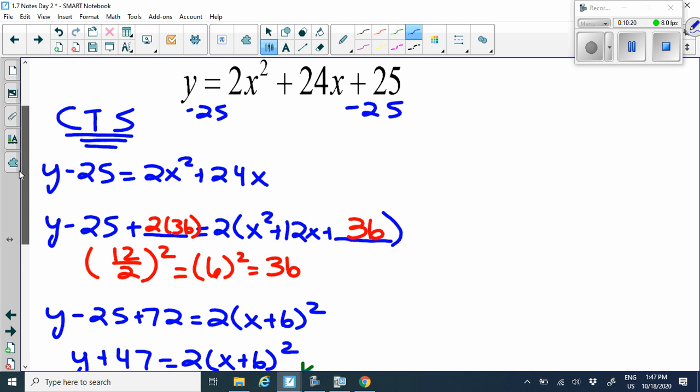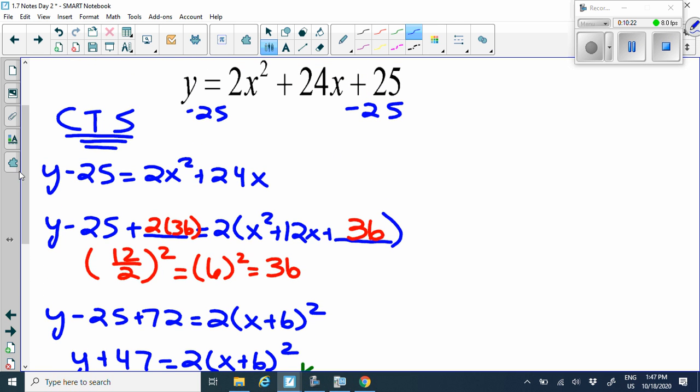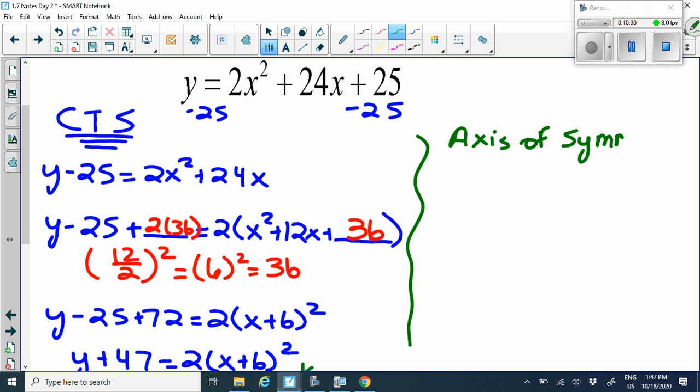Okay, now let's try the other way, which is axis of symmetry. So this way, we're actually finding the vertex first and then plugging it into the equation. So I have x equals, we do the opposite of b, which is negative 24, over 2 times our a, which is also 2. So we get negative 24 divided by 4, which gives us negative 6.